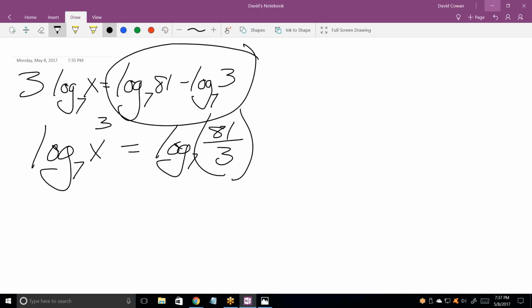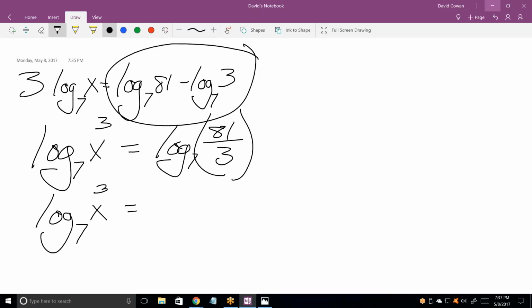I know this sounds kind of weird, but addition is multiplication and subtraction is division. All you have to really remember is that you never do the same. In other words, if my argument is division, I'm never dividing the exponents. If my argument is multiplication, I am never multiplying the exponents.